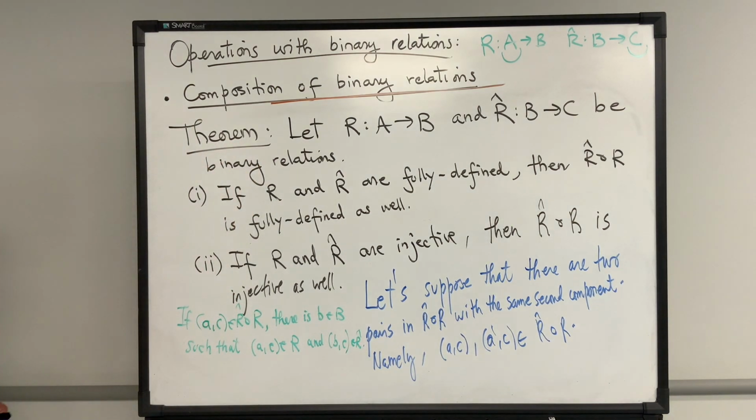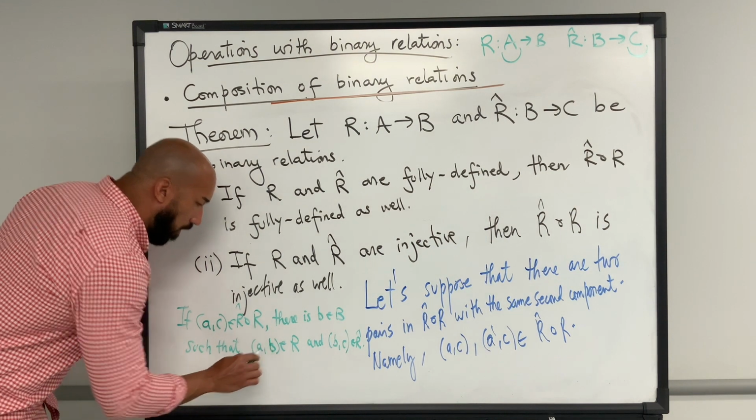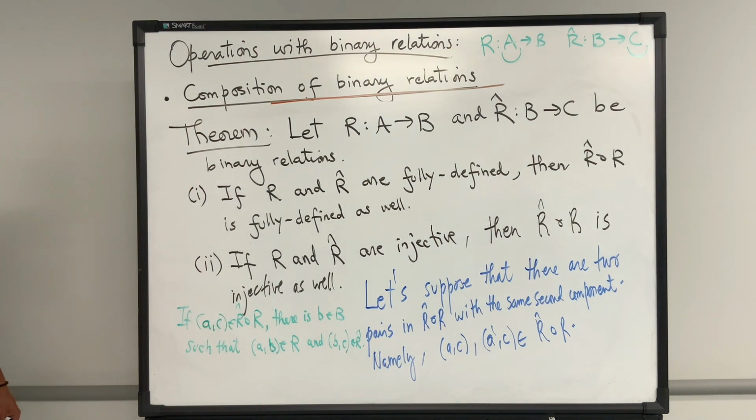Is that okay? Okay. Sorry, AB is in R and BC is in R hat. Okay?